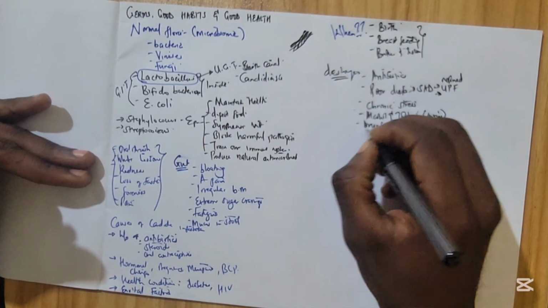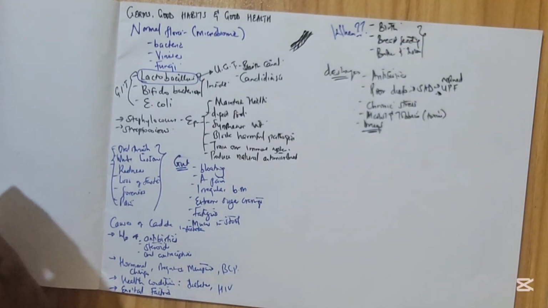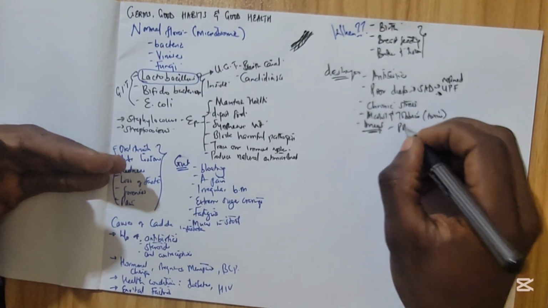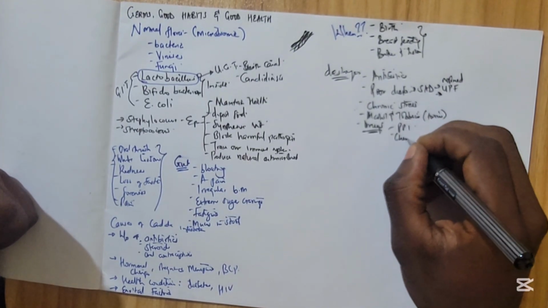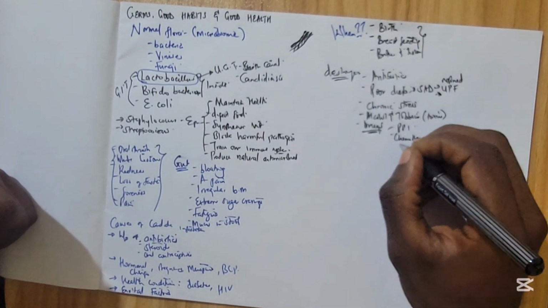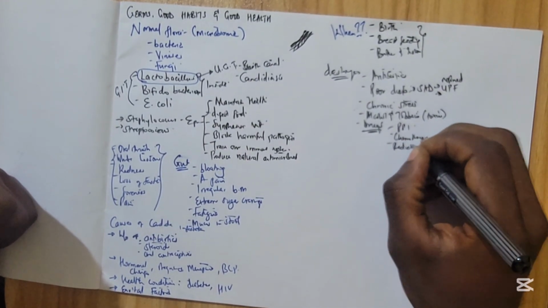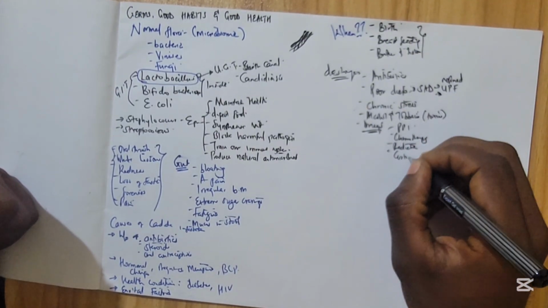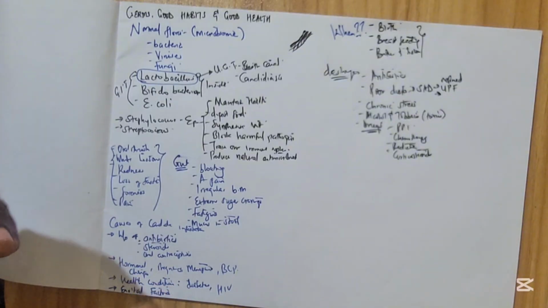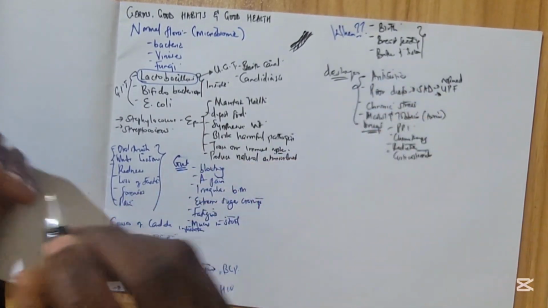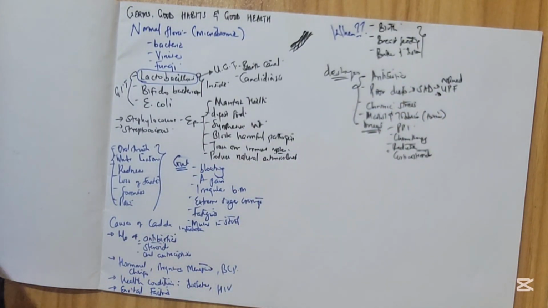And drugs, as we have mentioned, like PPIs, proton pump inhibitors like omeprazole and esomeprazole, chemotherapy, radiation, and corticosteroids like hydrocortisone. They all destroy our normal flora, yet we need this normal flora.